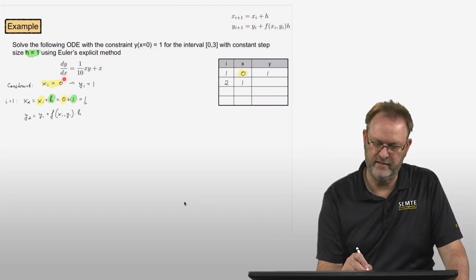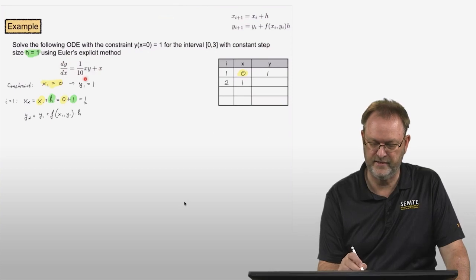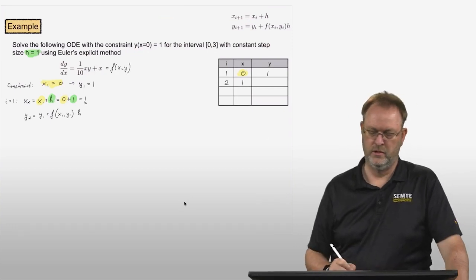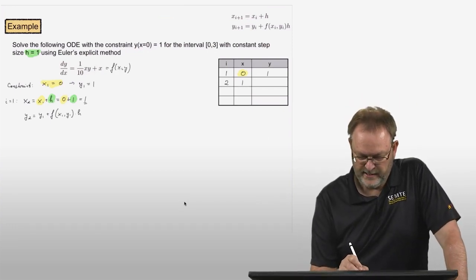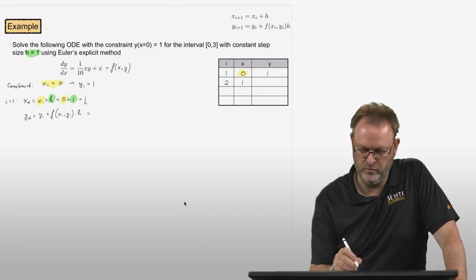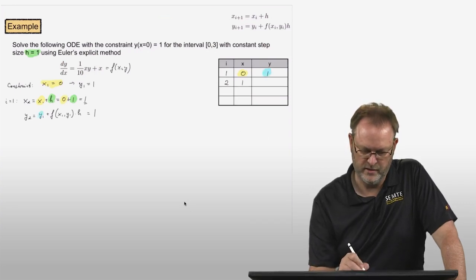If I isolate dy/dx, the first derivative on the left-hand side, then this entire thing here is f. So this is f of x and y. Okay, so let's plug in some values. So y1 is equal to 1. Let me just mark these here. That's my y1. I'm going to use here and here.